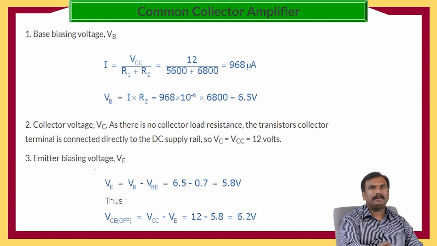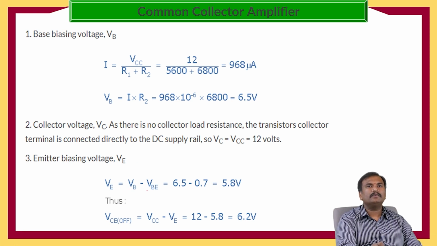The next parameter is the emitter voltage, where emitter voltage is equal to VB minus VBE, that is 6.5 minus 0.7 volts, which is equal to 5.8 volts.